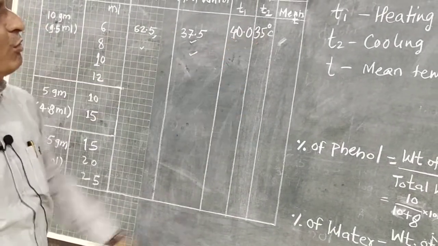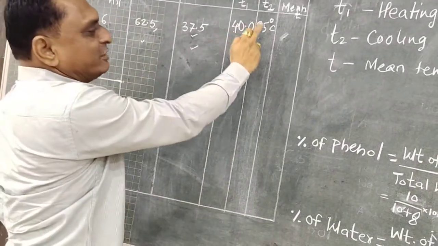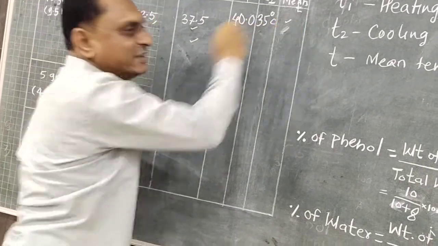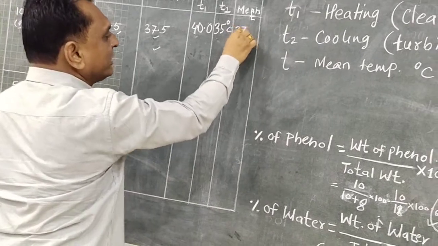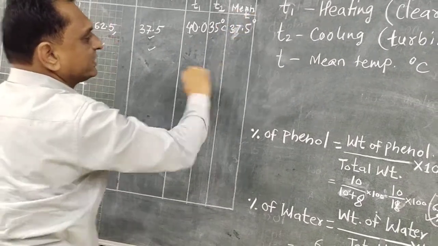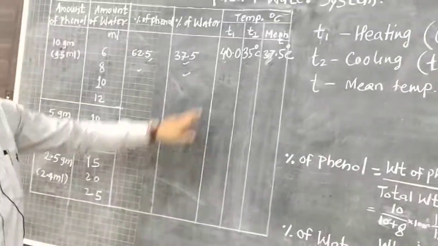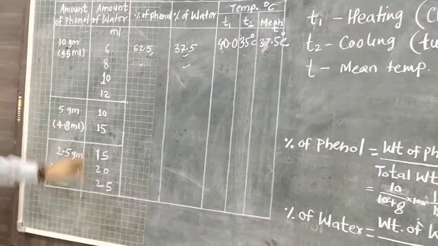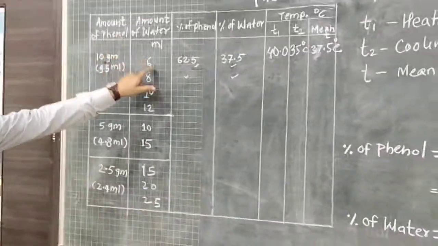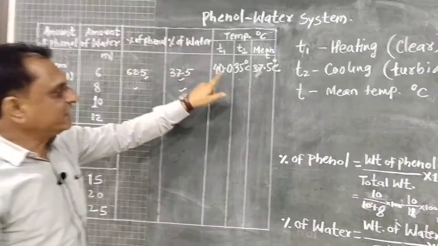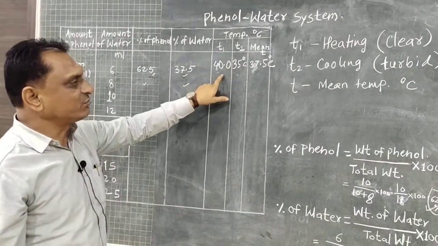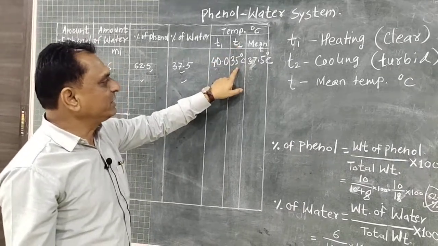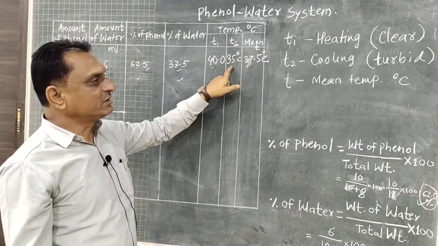So we take 40 plus 35, and the mean reading is 37.5 degrees Celsius. So this is your first reading for the system: 10 gram of phenol plus 6 ml of water. When the system is clear, the temperature is 40. When the system is turbid, the temperature is 35.